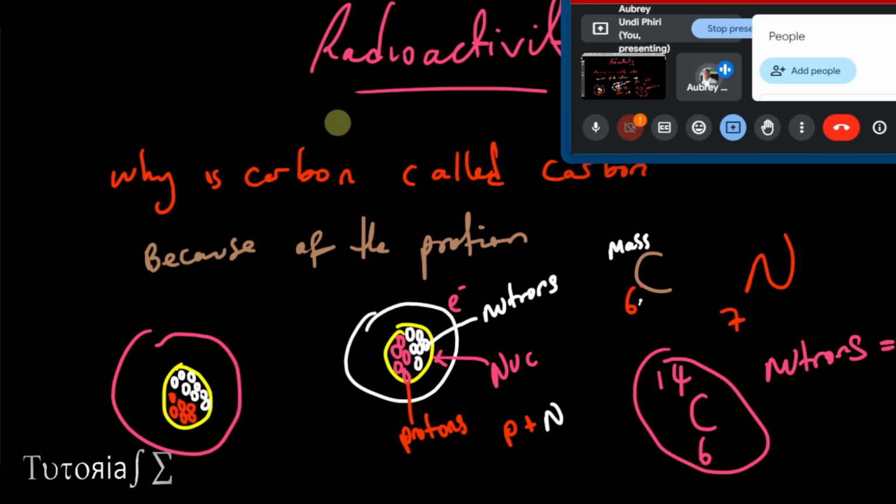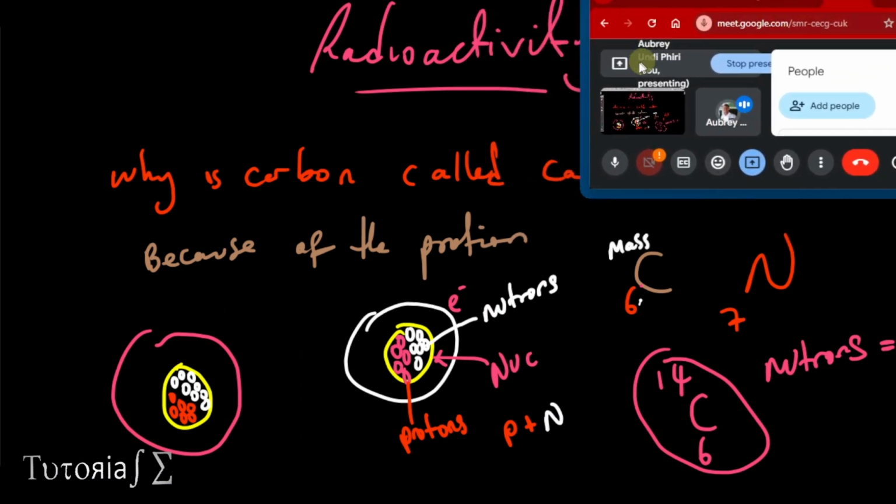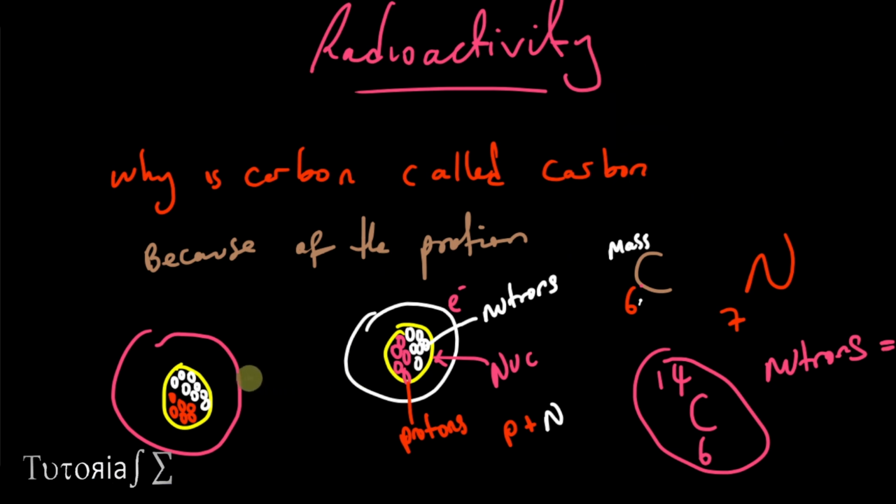Now this is where the topic of radioactivity comes in. Radioactivity basically talks about how, if an element keeps having a multiple number of neutrons, the entire element becomes unstable, just like when something is very big, it becomes unstable and starts losing part of its neutrons.